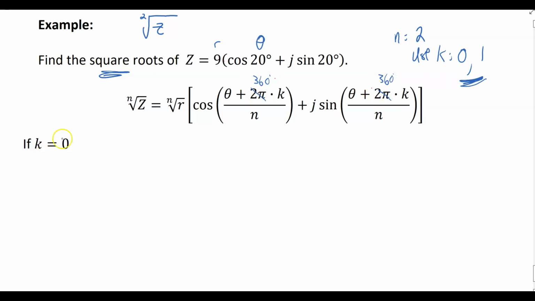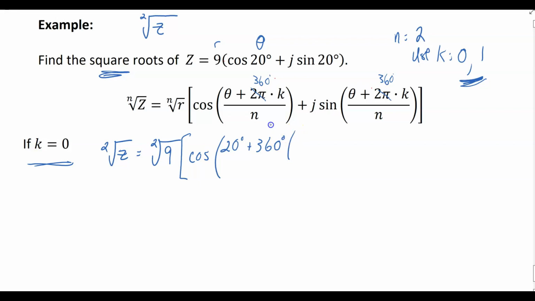If k equals 0, then one of the square roots of z is equal to the square root of 9 times [cosine of theta, which is 20 degrees, plus 360 degrees times our k, which is 0, divided by n, which is 2.